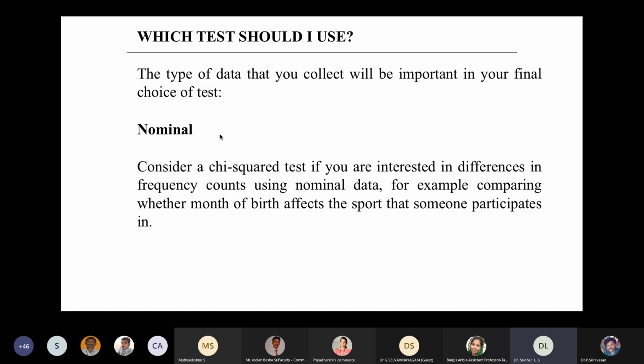Nominal, you can use nominal data. Very important: with nominal data you can use the chi-square test when you have a two-by-two table, like two distributions, like age along with your qualification, or something like an arbitrary opinion: good, bad, average, or oppositions.